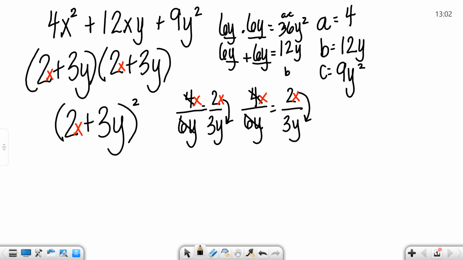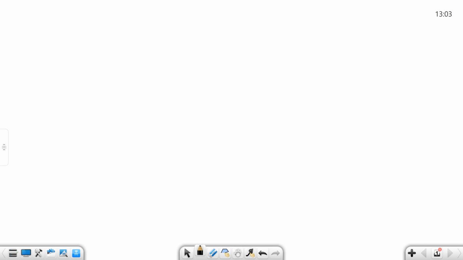All right, so we've got difference of squares, and the next thing we're going to do is cubes. So let's talk about what it means to be a cube.